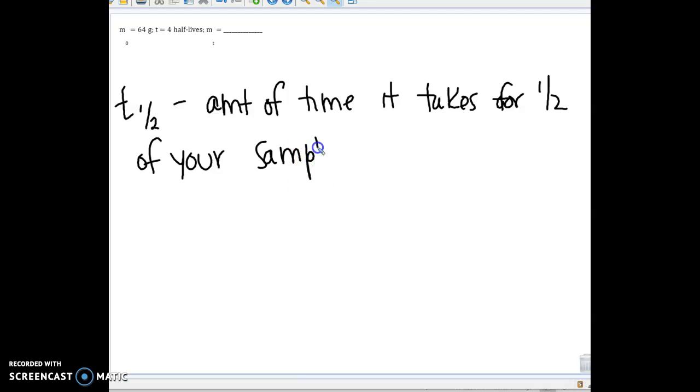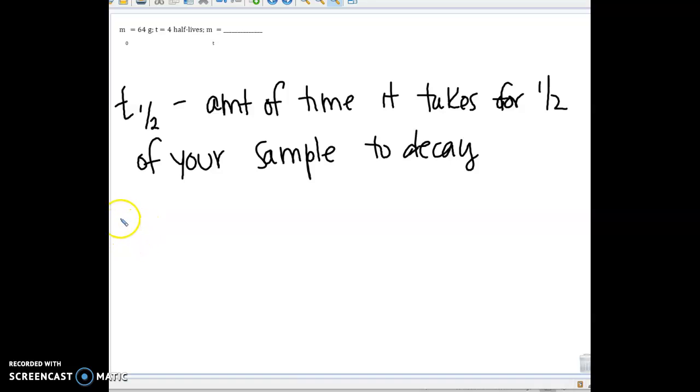And again, keep in mind that when we say decay, it doesn't mean that it goes into nothing. It means that it emits particles and transmutates into something else. So the half-life is the amount of time it takes for half of your sample to decay.